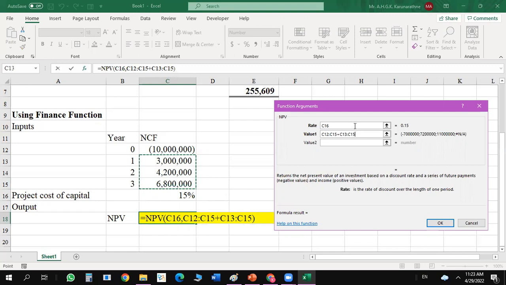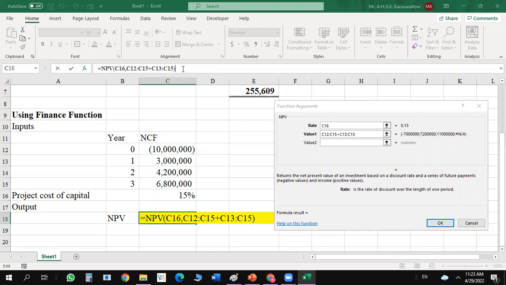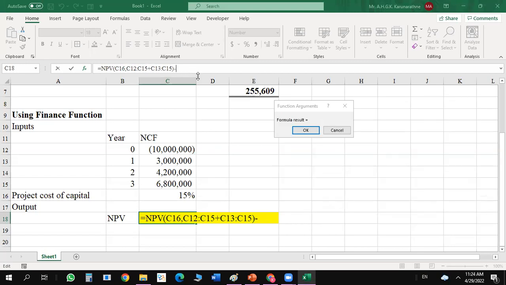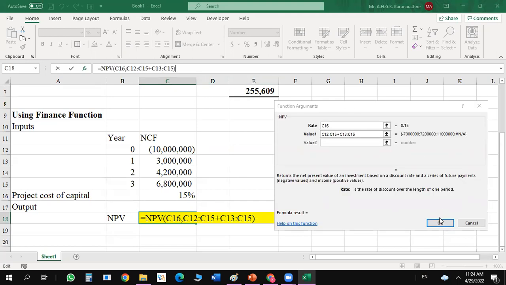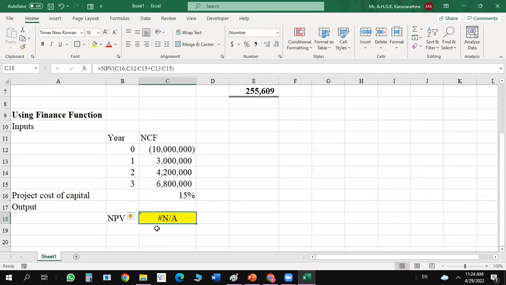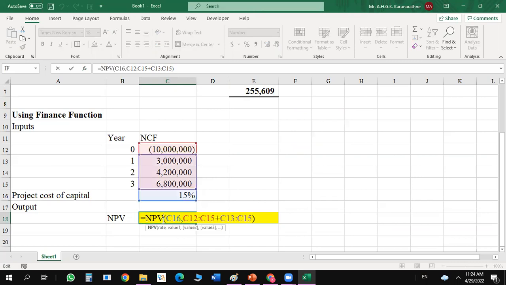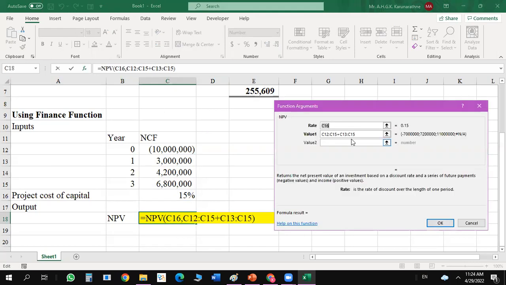Then you can come here. Then from this you can minus. One minute, right? Okay. Mistake now. What is the mistake? Okay, as values, you should give this one, right?